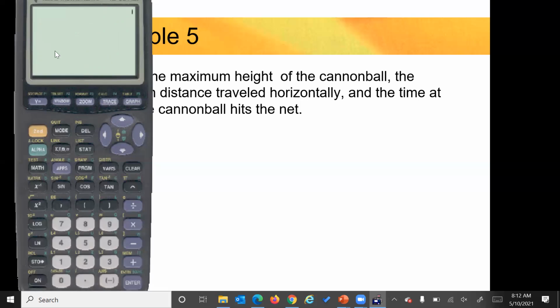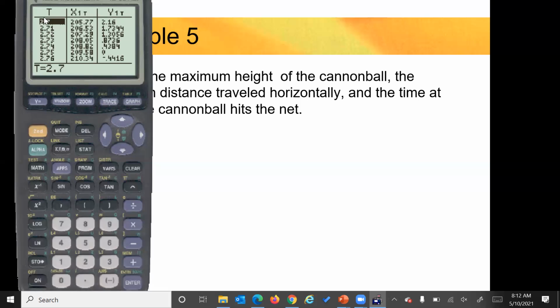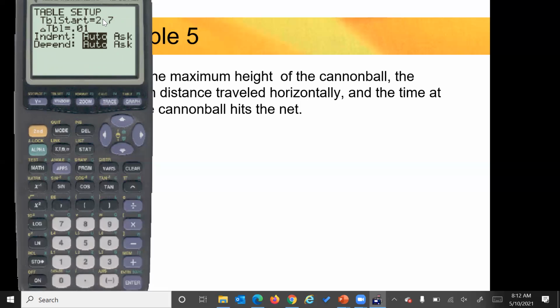Let's see. When I click on table, where this little highlight is at, if you go back to the table, you find out that's exactly where it is right now. Can you dig in more into the table? Absolutely. You can go to 0.001, as precise as you like with the table.